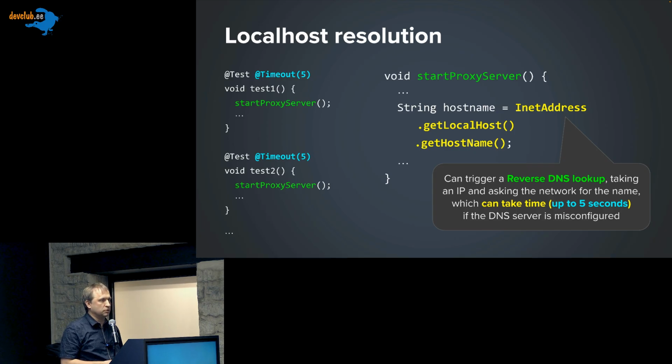In most systems, the default timeout is 5 seconds for DNS lookup, ironically. So when this happens, all these tests which had a timeout of 5 seconds failed. If they had a timeout of 6 seconds, they would work, but slowly. And this is a tricky bug for me because I don't know how to reproduce it.